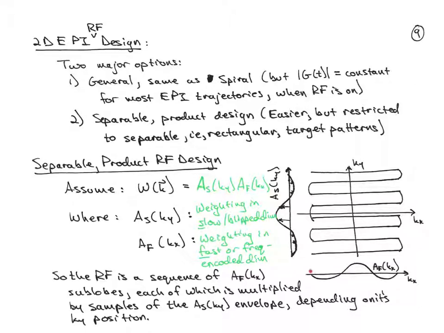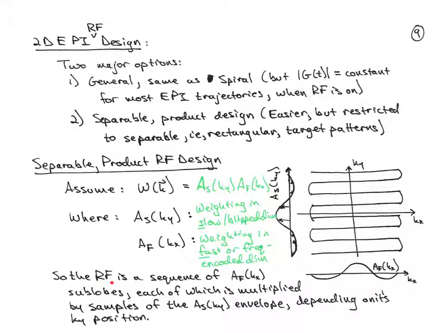And so what we're going to do here is we're going to produce a weighting of AF of kx going this direction and multiply that by a weighting of AS in the other direction. So we're going to have to sample the AS envelope using the AF functions.